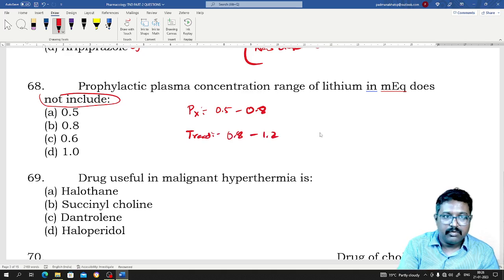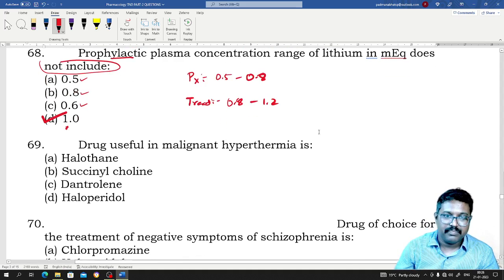Here they are asking about prophylactic. This is correct, this is also correct, this is also correct, but not 1 milliequivalent. So the answer here is D, that is 1. 1 will become a therapeutic dose, a treatment dose.